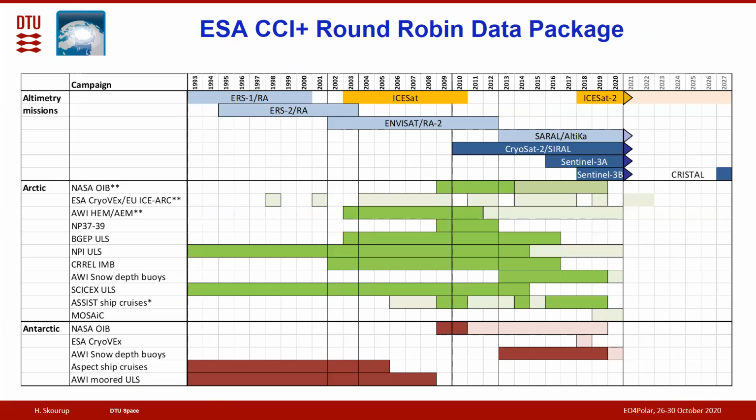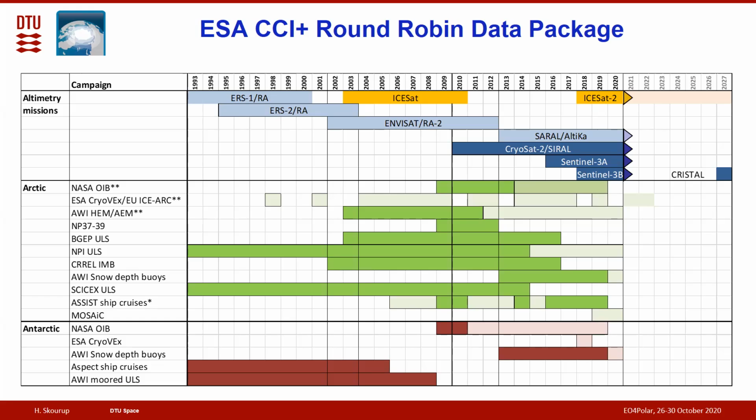In the ESA Climate Change Initiative for Sea Ice, we have collected all available Arctic and Antarctic validation data in a round-robin data package. So we see those here, and it covers back to the beginning of ERS-1 up to present.